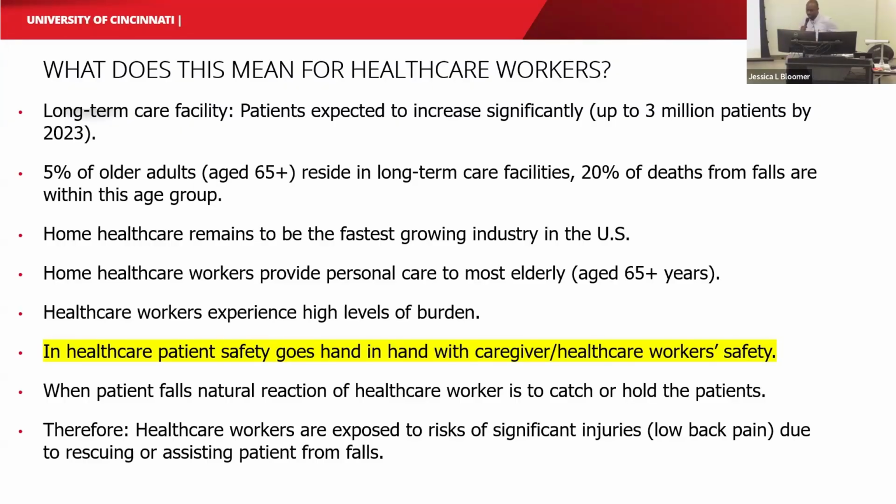And there's been evidence that there are some work-related injuries faced by healthcare workers when they assist a falling patient. So we're trying to counteract these causes so that we can then create a safe work environment for the healthcare workers. Why is that? Because home healthcare remains the fastest growing industry in the US, so we'll see this increasing. And also the elderly population is expected to increase significantly in the long-term care facilities, up to 3 million.